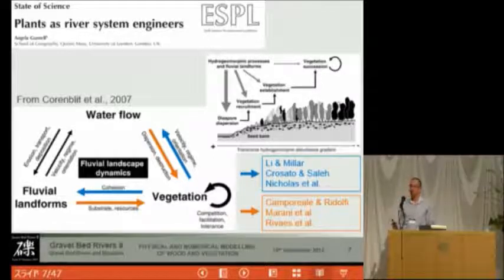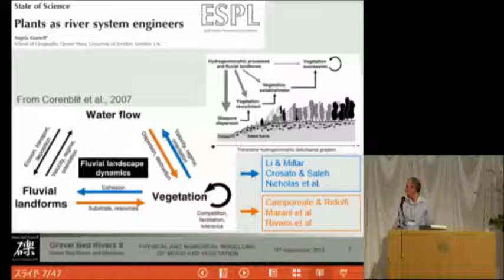There are other models that look more at the vegetation side, and so look at how vegetation responds to changes in morphology or hydraulics. I will come to this in a minute.